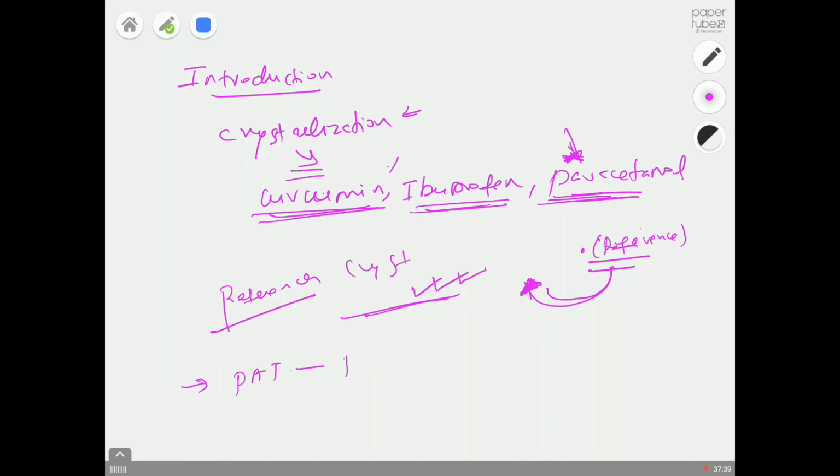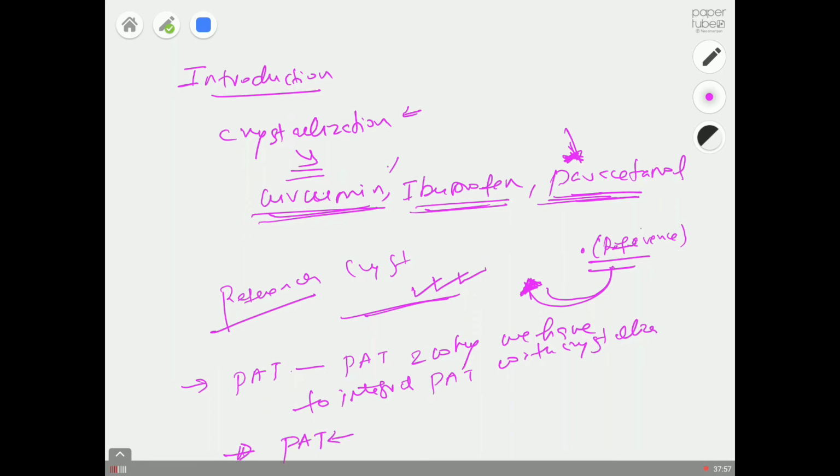Why PAT is important, and why we have to integrate PAT with crystallization, and also talk a bit about PAT tools, like why we need to implement them, why industries are trying to integrate all of their manufacturing units with PAT, not only in crystallization but also the other downstream operations, like drying, and also during the milling technique, and also after tableting.